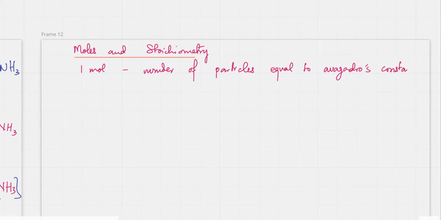So a mole is nothing but a unit for counting. You've got many units for counting, so mole is just another unit for counting.